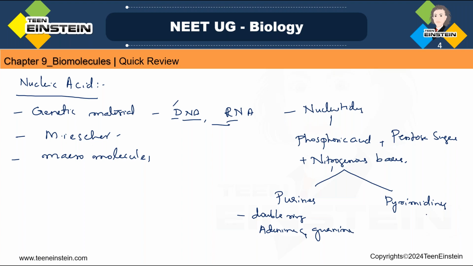Then next comes the pyrimidines, which are single ring bases. The pyrimidines include cytosine, thymine, and uracil.